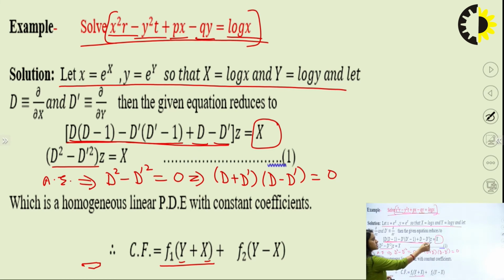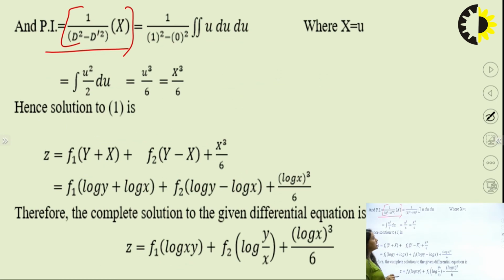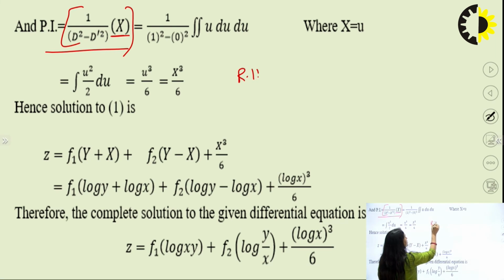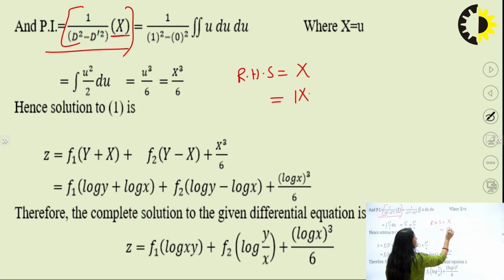So in this question the RHS we have is capital X, and the particular integral is 1 upon auxiliary equation into RHS. Again please see very carefully, this RHS is equal to X. I can write it as 1X plus 0Y, right?